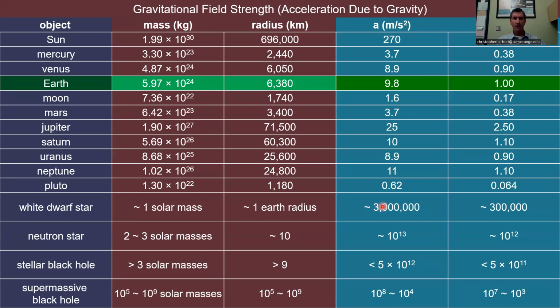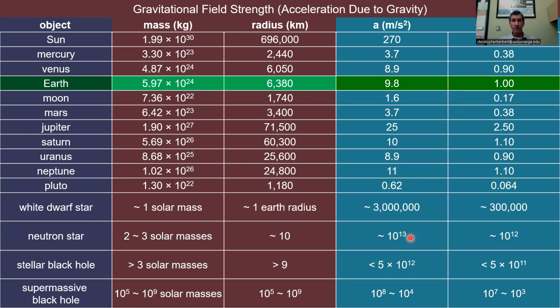Even more compact than a white dwarf is, of course, a neutron star. A neutron star is essentially something that's more massive than our sun, but no larger than the size of Manhattan. So, very, very high density. Essentially, this is nuclear matter, meaning that the atoms are no longer there.